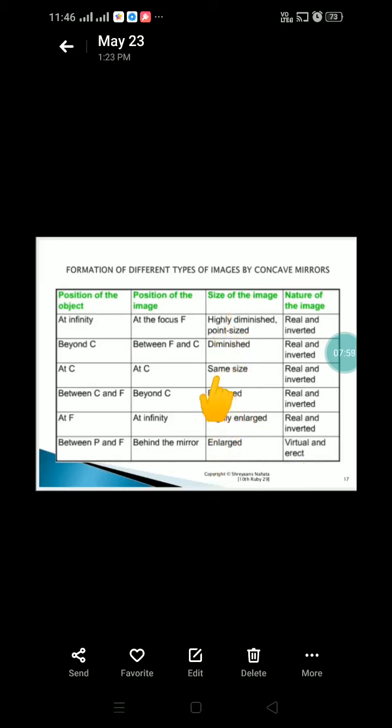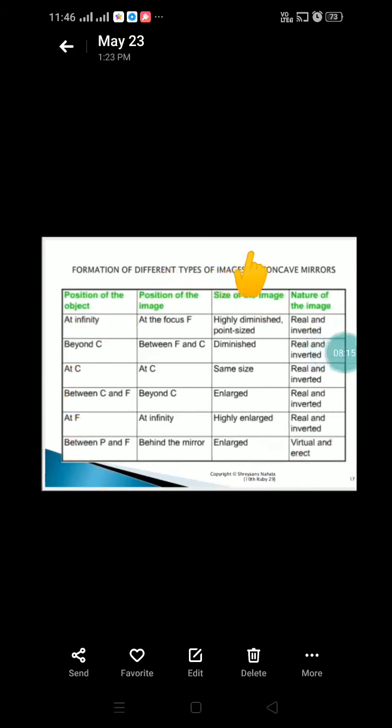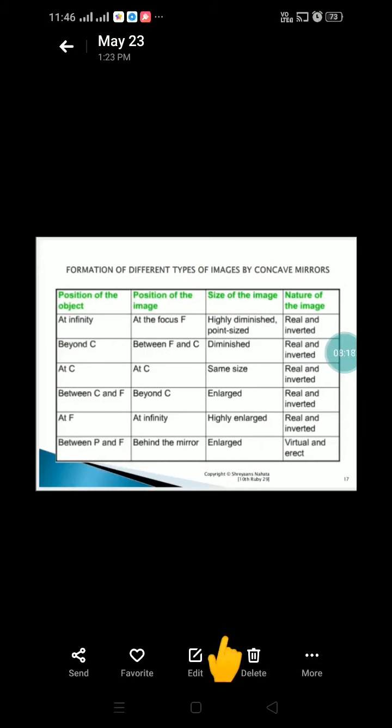At C it has the same size, and between C and F, at F and between P and F its size is enlarged, and in two cases it is diminished. So we have to learn this table by heart. Okay, to study this image formation we will study these 6 cases separately.